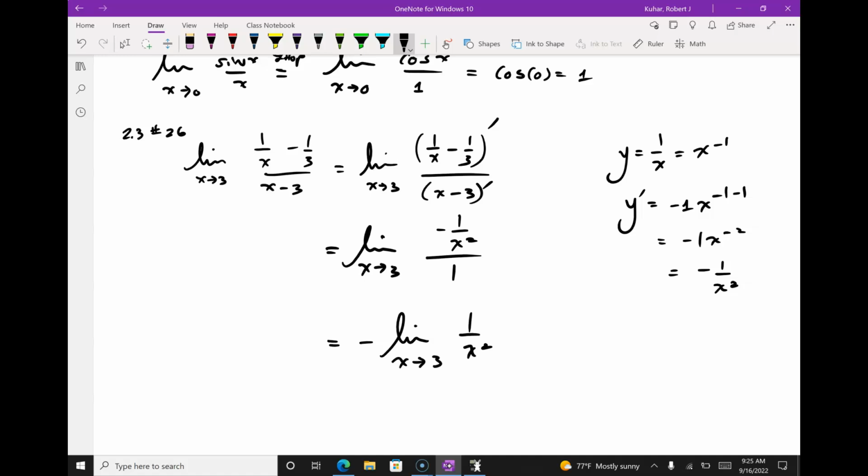Remember, a limit is just the height of a function. So I could multiply the function first and then put the number in, or get the height first and then multiply, right? So I get negative one over 3 squared, right? So much quicker, right?